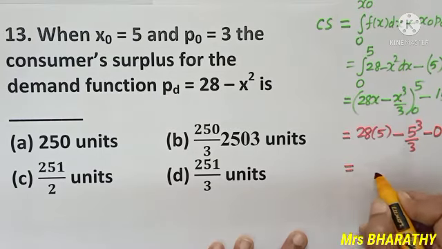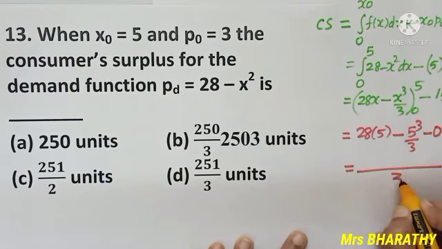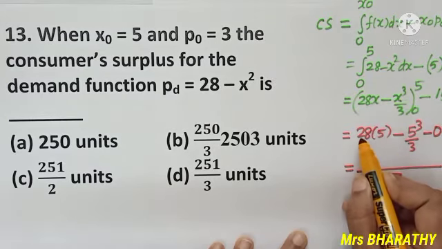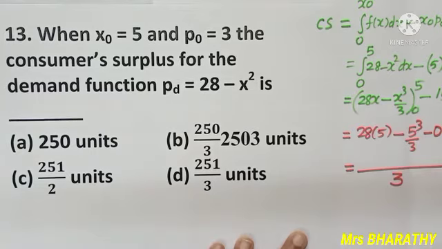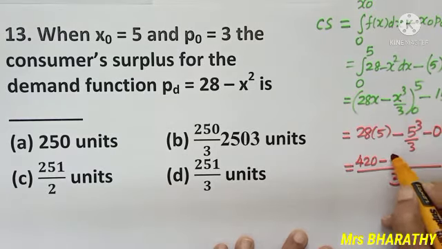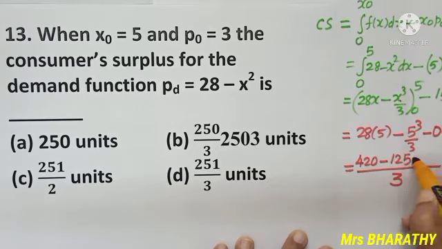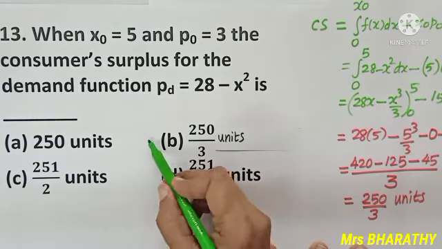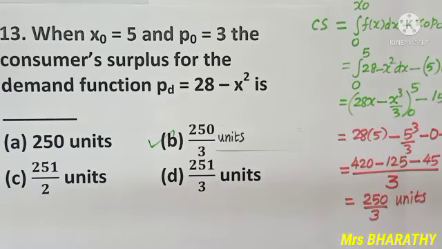As we simplify further, 3 is the LCM. 3 into 5 into 28 gives us 420, minus 5 cube is 125, minus 3 into 15, 45. As we try to simplify, 250 by 3 units, option B will be the right choice.